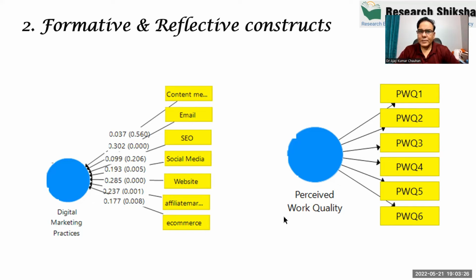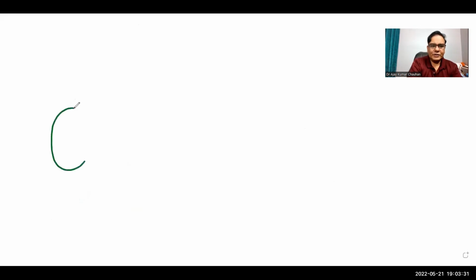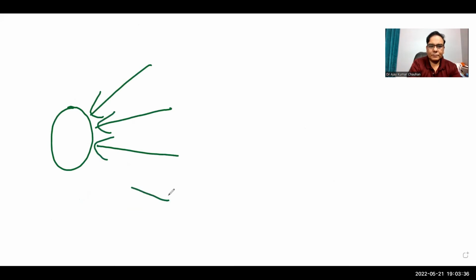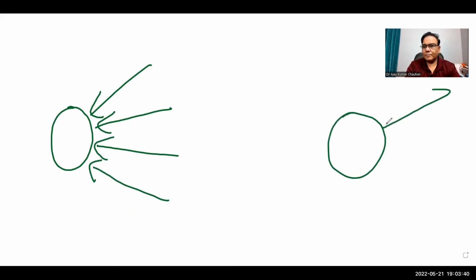So let me write it this way. This is a formative construct, and this is a reflective construct. So I say that the correlation between the items is less.